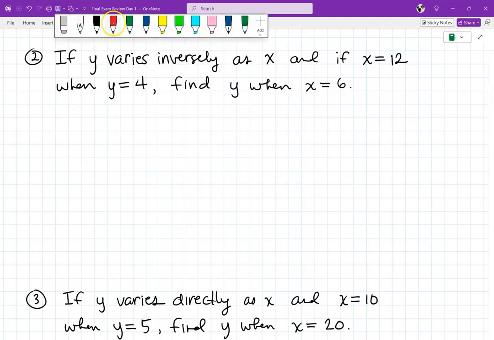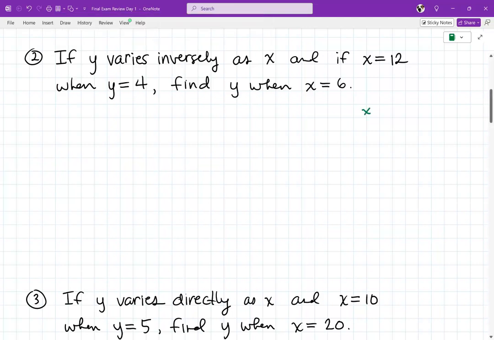All right. Question number 2 says, if y varies inversely as x, and if x equals 12 and y equals 4, find y when x equals 6. So inverse variation has this formula. Okay?